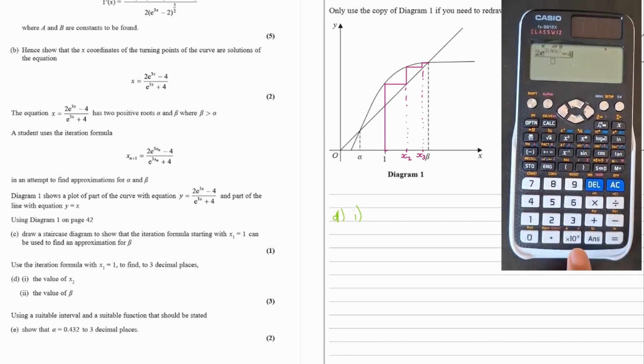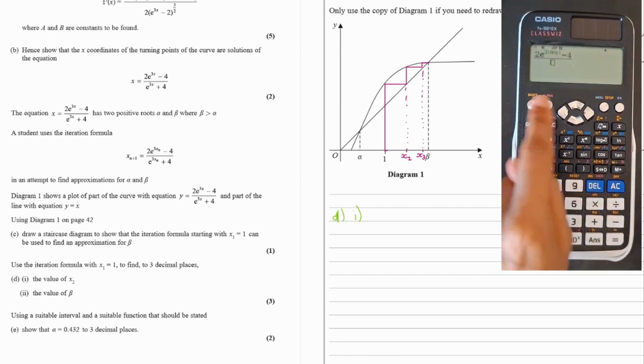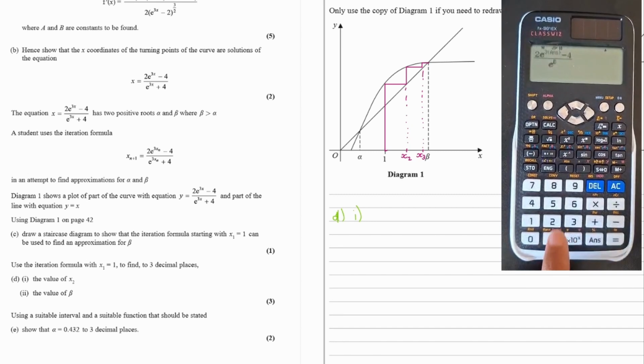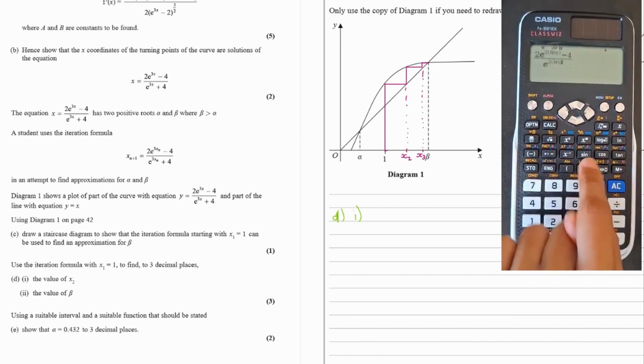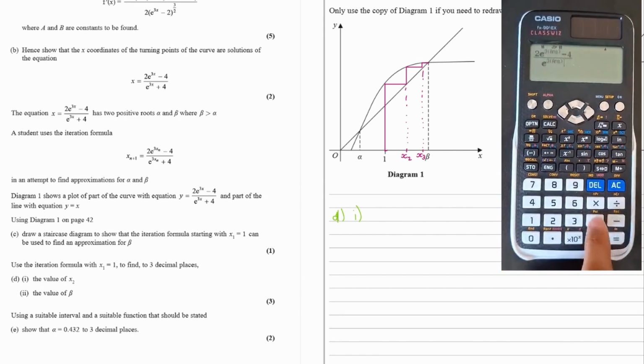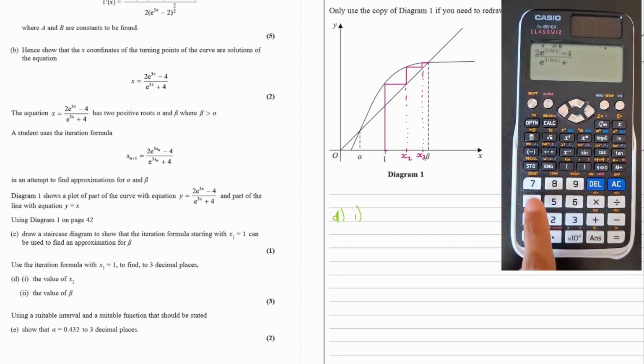And in the denominator, we are going to put e to the power 3, again multiplied by our answer, plus 4. And that gives us our x2 as 1.502 to 3 decimal places.